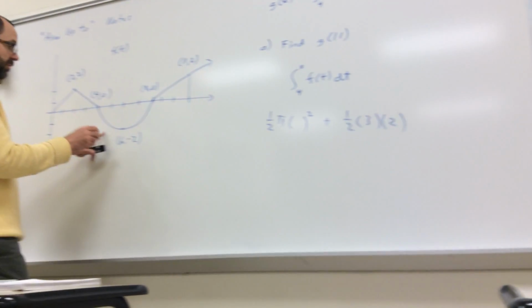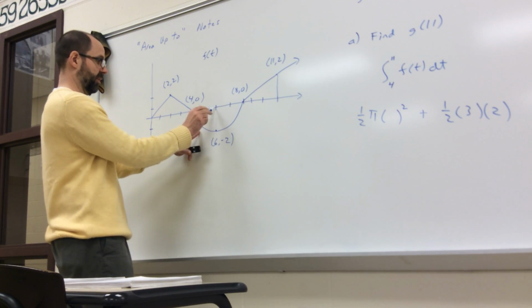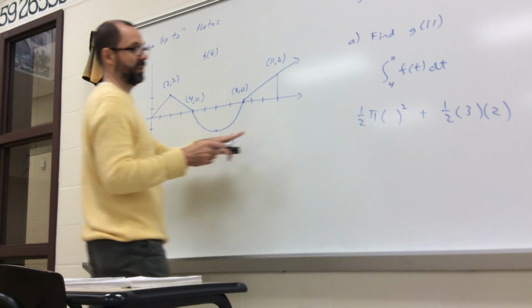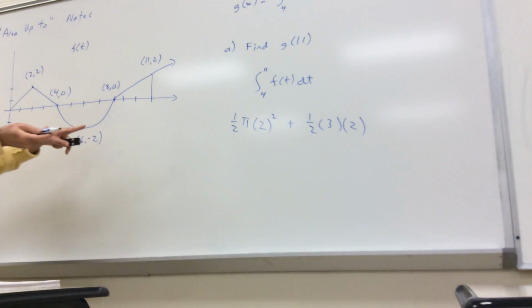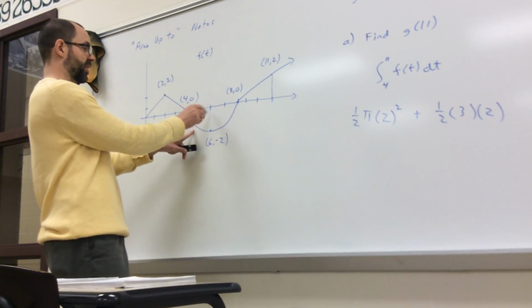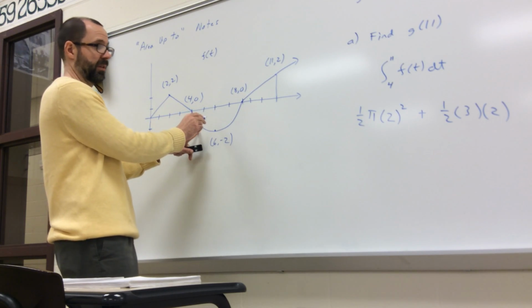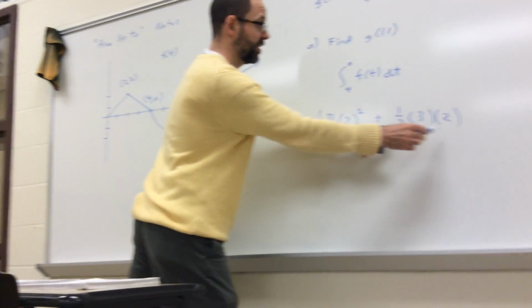And then for the circle, here's the center of the circle, and it goes 2 this way, and 2 that way, and 2 down. So the radius is 2. So that's going to be pi times 2 squared. Okay, now you might remember that when you have area under the x-axis, that area counts as negative. So this area here is above the x-axis, so we're going to count that as positive.